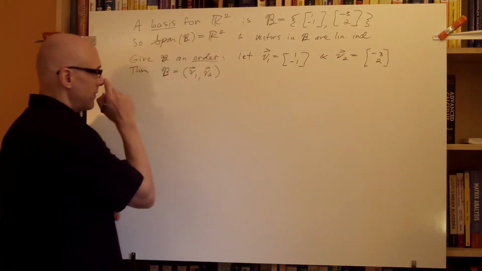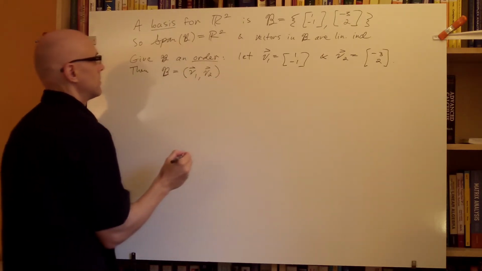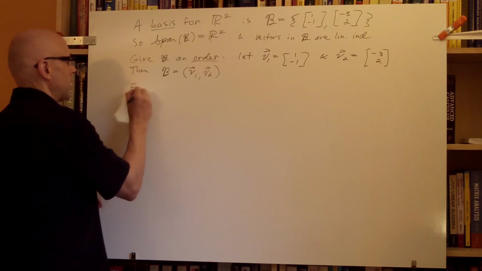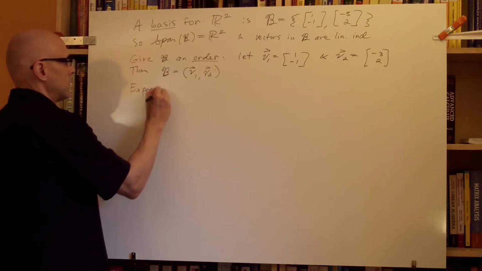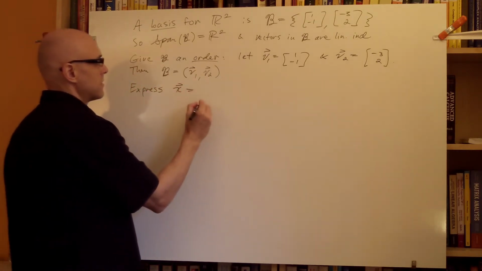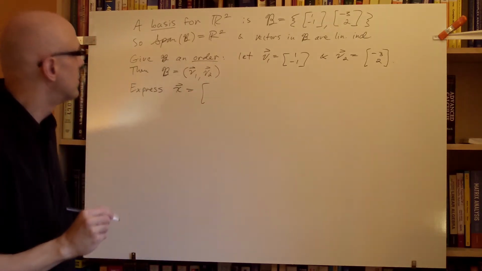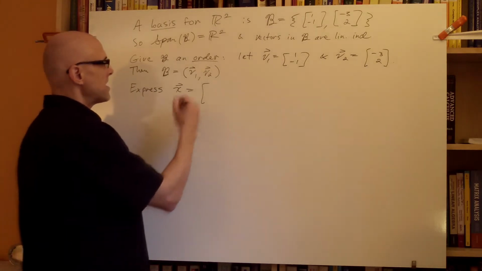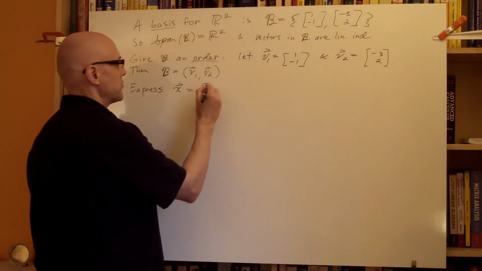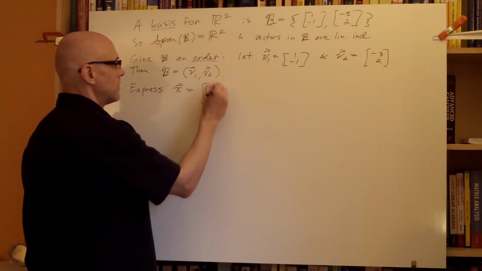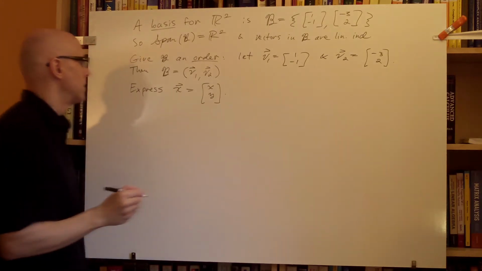So B is (V1, V2). Express, say, the vector x. Let's say x has components x, y.